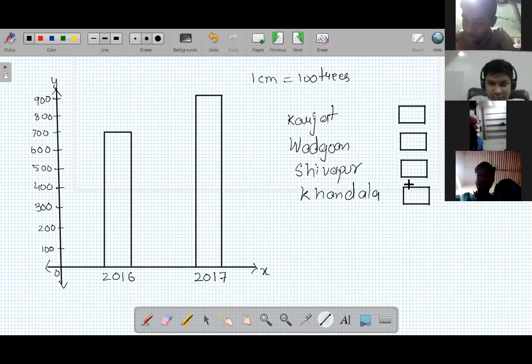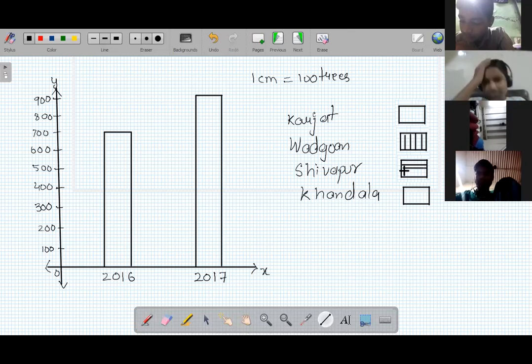For Vadgaon, I'll give these straight, standing lines. For Shivapur, we can give sleeping lines like this. You can give whatever patterns you want, not necessarily what I'm giving. And for last, Khandala, I'll give these slanting lines.